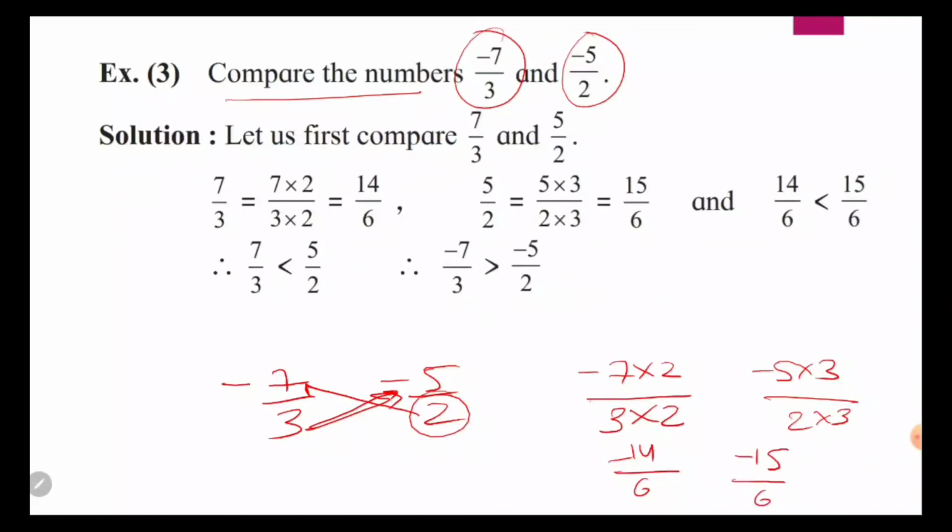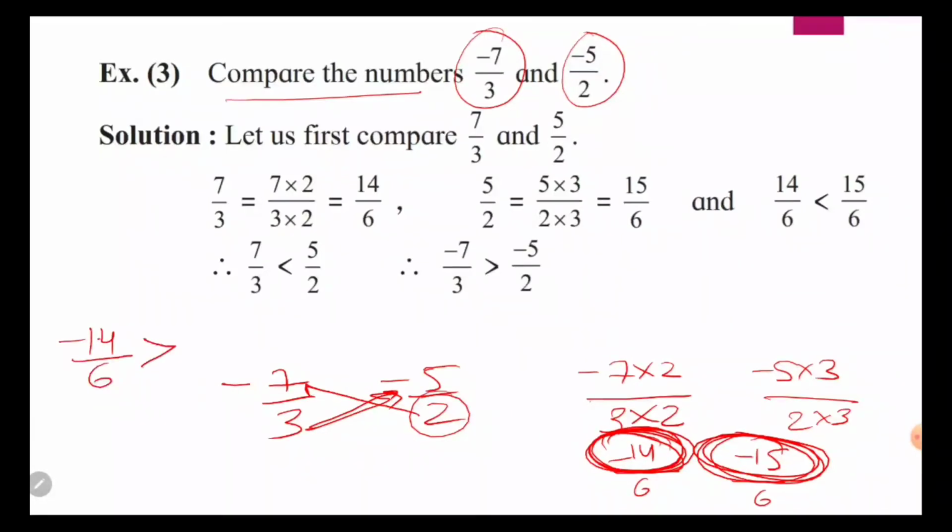See, the denominator has become equal. अब जब denominator equal हो जाता है तो what do we check? We check the numerator. Here it is -14 and here it is -15. Again I'll be saying that -15 जो है वो छोटा नंबर है and -14 is a bigger number. So what will I be writing?